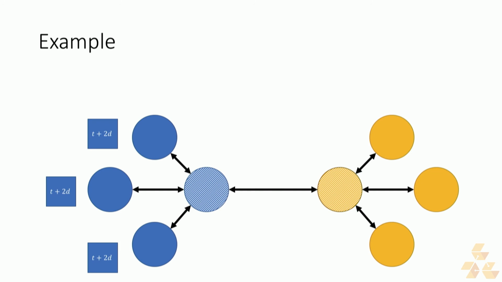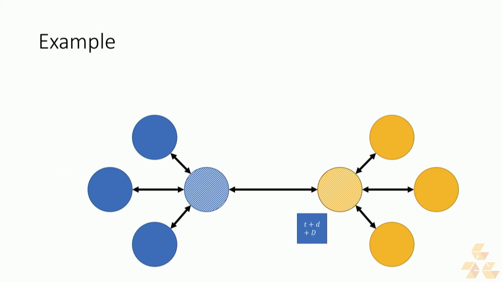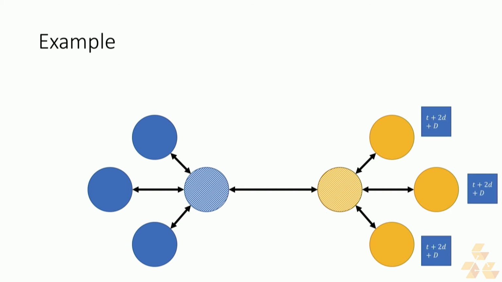At time t plus 2 small d, the other miners of the same pool will hear about the block that one of their members created. At time t plus small d plus capital D, the other pool manager, of the yellow pool, will hear about this block, and it will propagate at time t plus 2 small d plus 1 capital D to the other members of the yellow team.